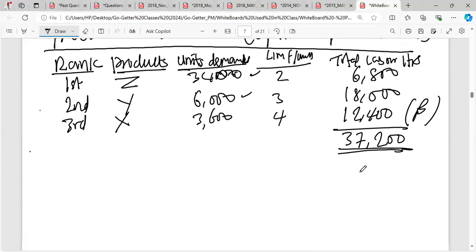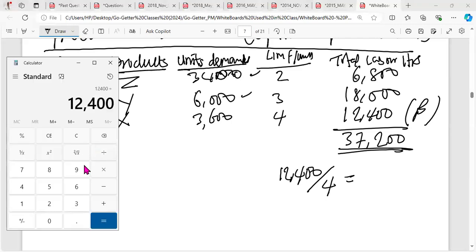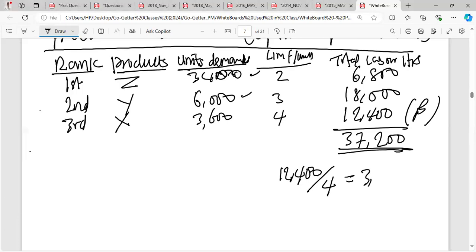So 12,400 divided by 4 should give you what to produce. 12,400 divided by 4 should give me 3,100. So you are producing 3,100 instead of 3,600.